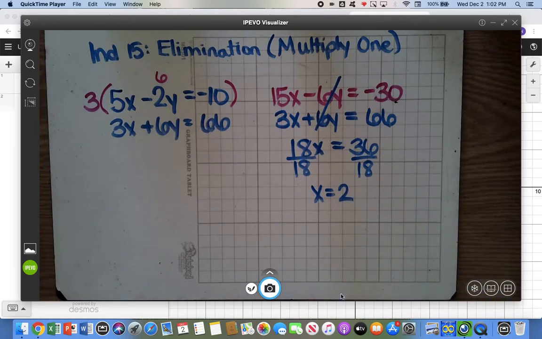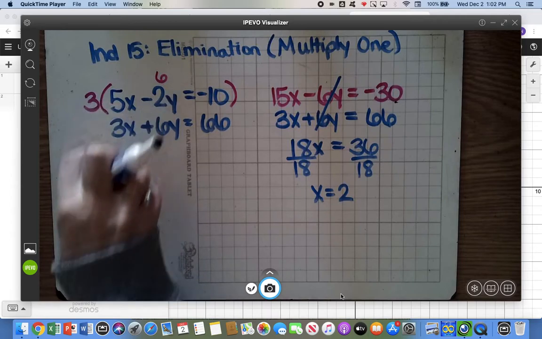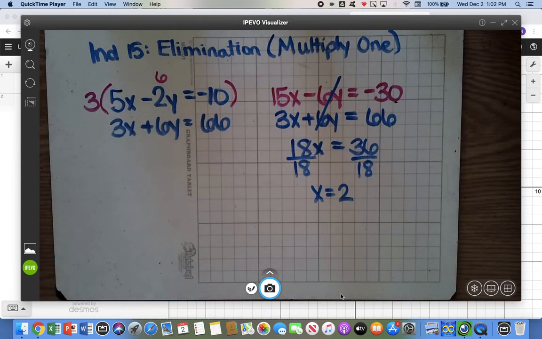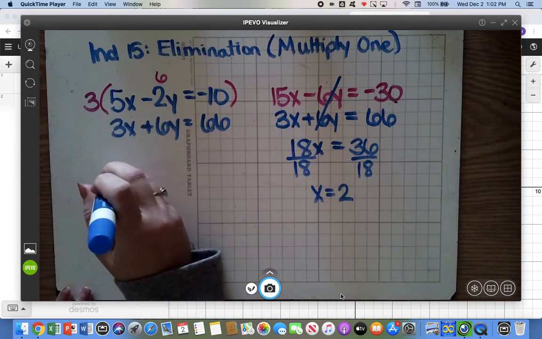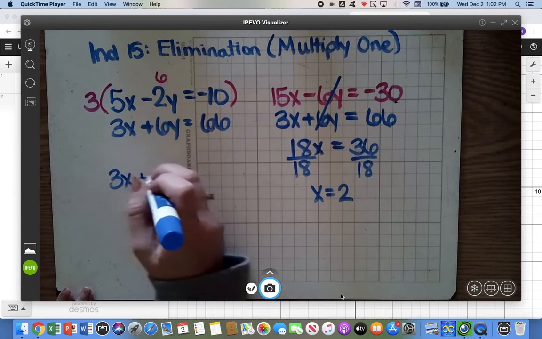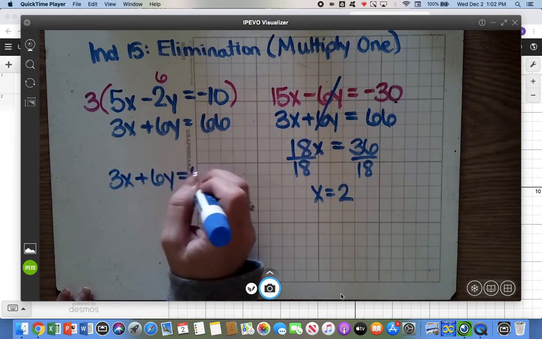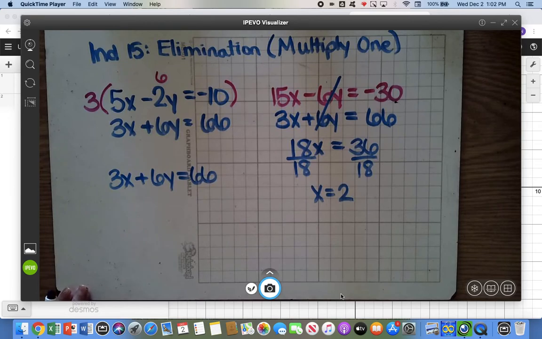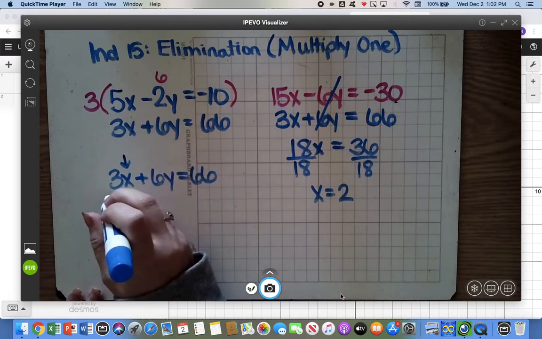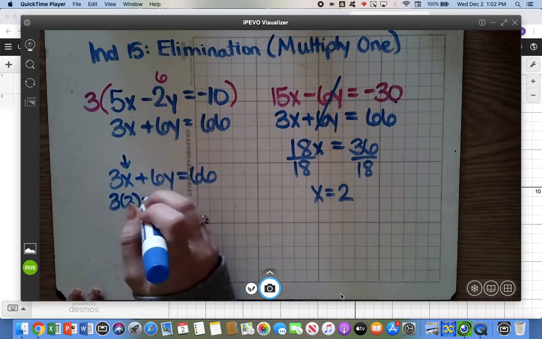Now, we just pick an original. I don't care if we pick top or bottom. I'm going to go with the bottom. Again, I don't like to work with negative numbers if I don't have to. Some people might choose that top equation just because numbers are a little smaller. But I do know my x is 2, so I can plug that in.